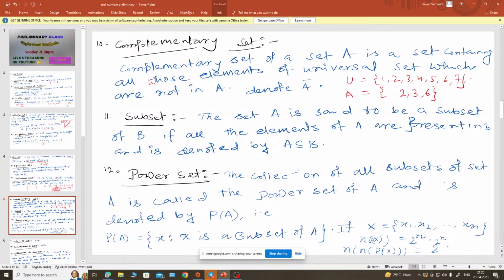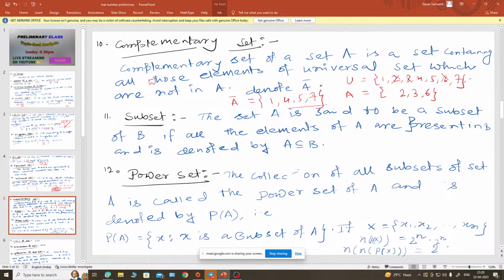Complement means does not belong to A. So A complement equals, 2 neglected, 3 neglected, 6 neglected. So A complement here is 1, 4, 5 and 7. That is called complementary set.